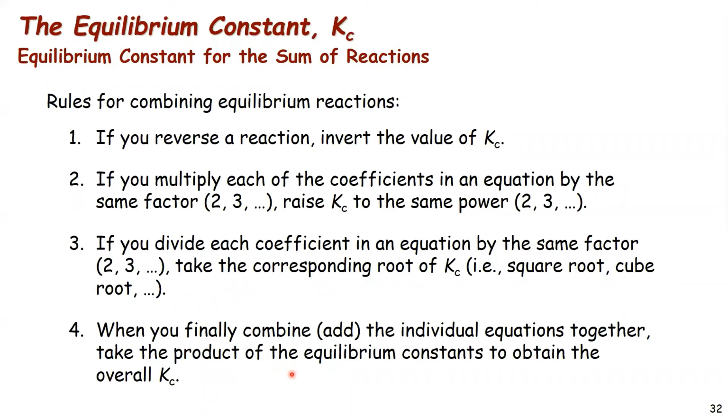And then finally, you're simply going to add the individual equations together and then multiply. You want the product, you're going to multiply all the equilibrium constants together. So this is different than what we did with the rate constants, as you recall, okay?